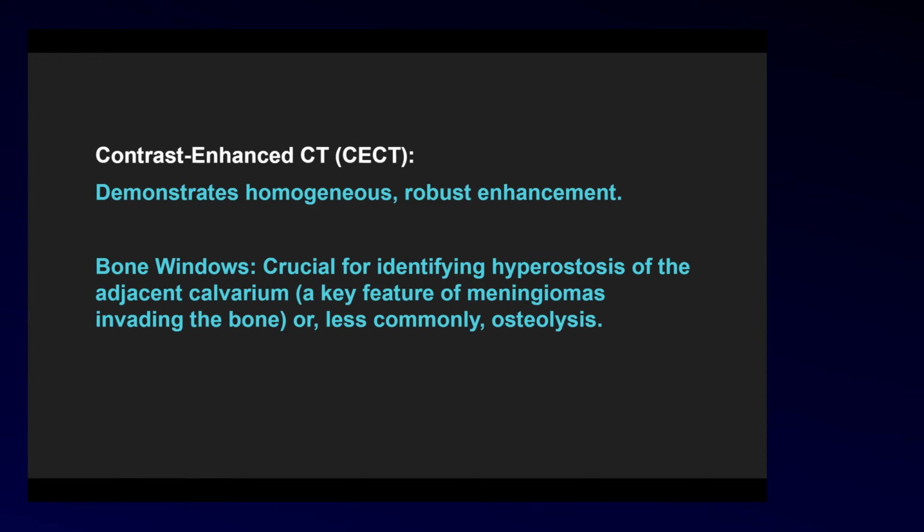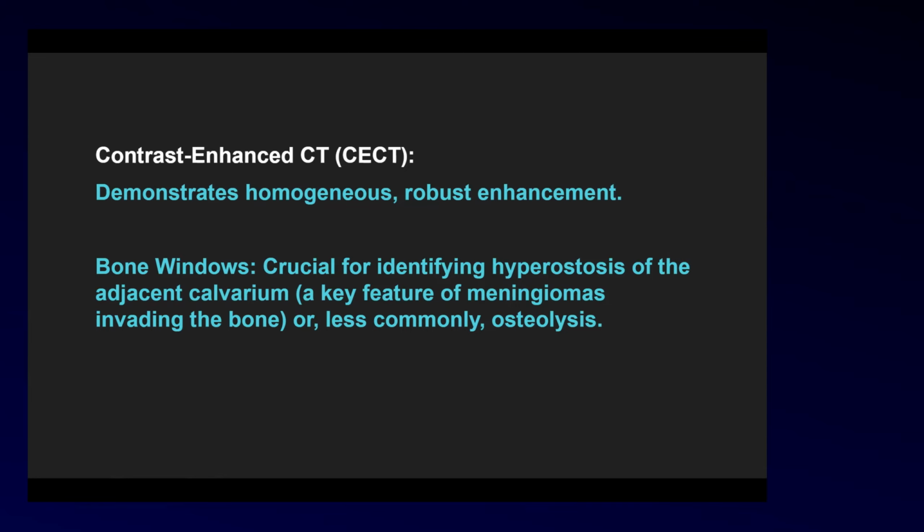Bone windows are really, really important because we want to see if there's hyperostosis, if there's lysis, how much the bone is involved, and for our operative planning, because you cannot plan your flap until and unless you have seen the bone. And the situation of the bone is also going to give you a clue of how much it will bleed.